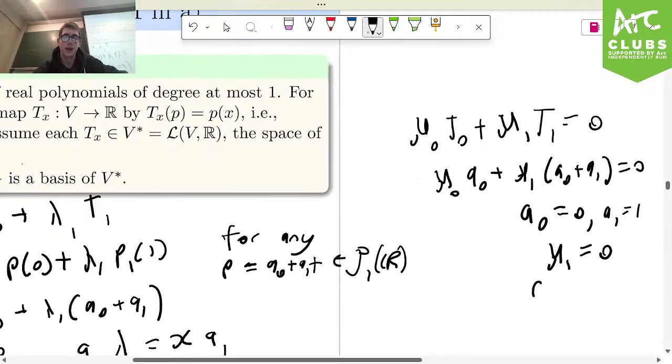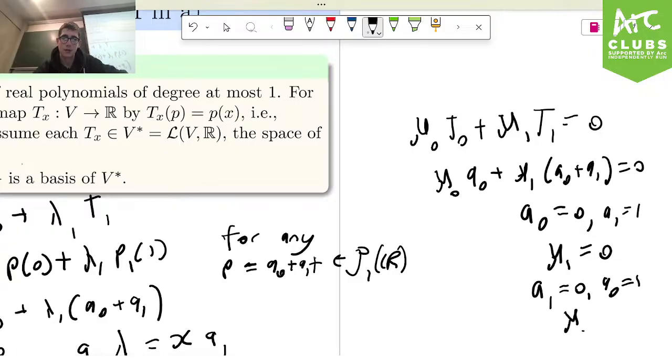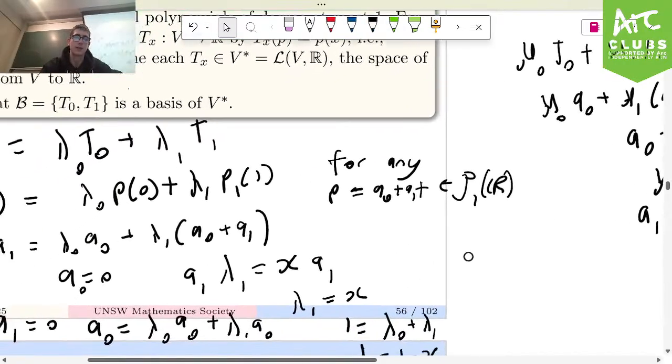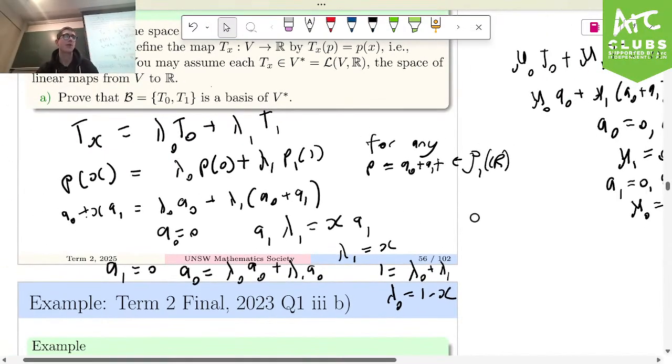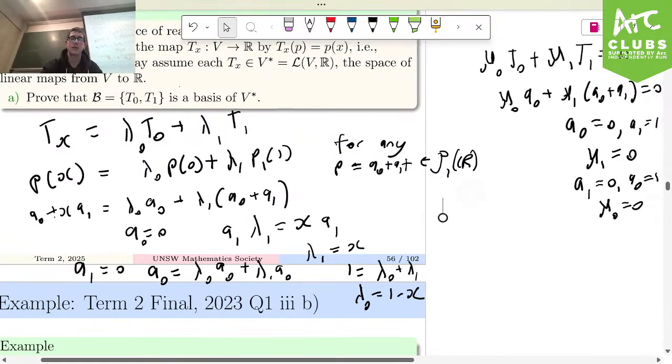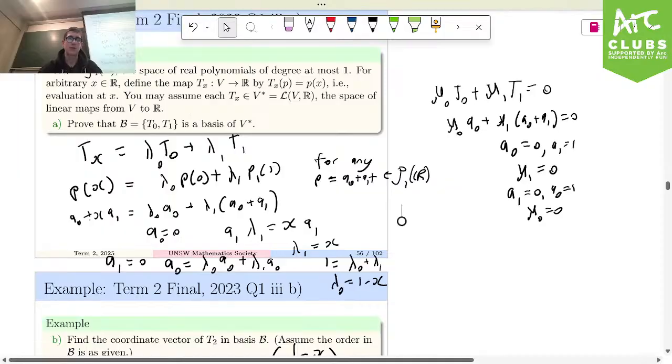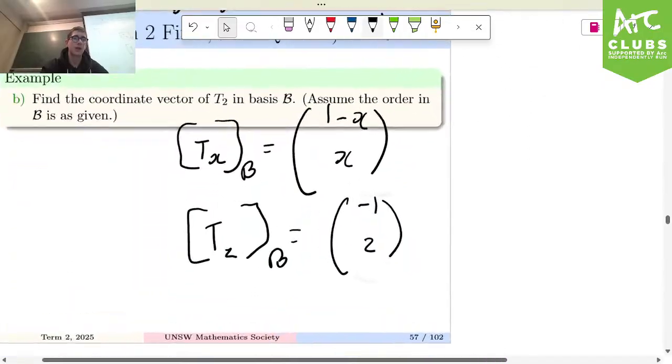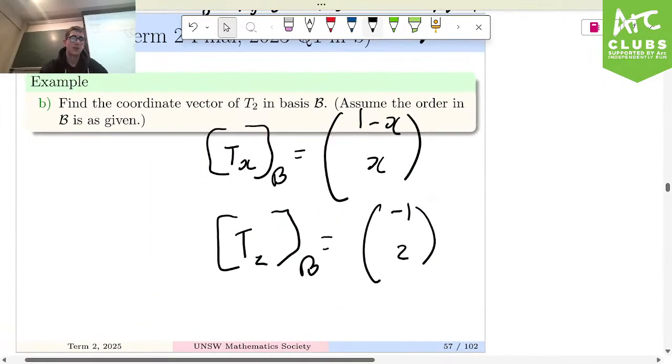Likewise, setting A1 equal to 0 and A naught equal to 1 gives mu naught is equal to 0, or similar logic to that. You can verify the precise details, which means that it's not only a spanning set, but also linearly independent, since the only solutions are the trivial mu naught equal to 0 and mu1 equal to 0. Okay, and then this would be the representation within that basis of the transformation subscripted by 2.